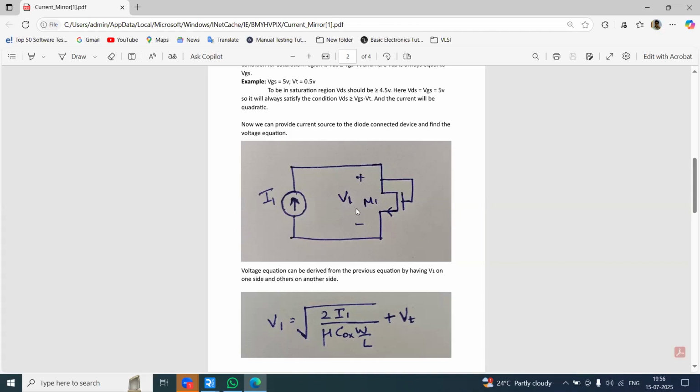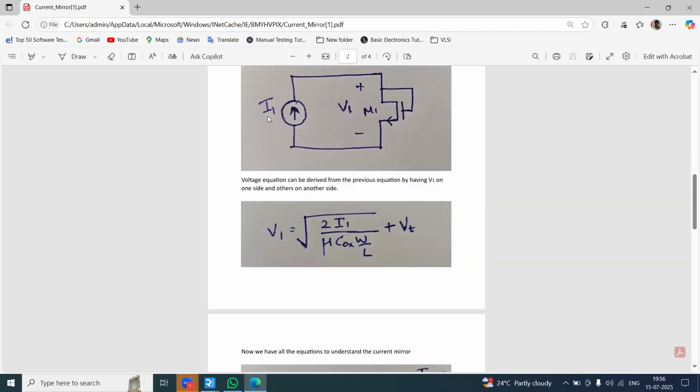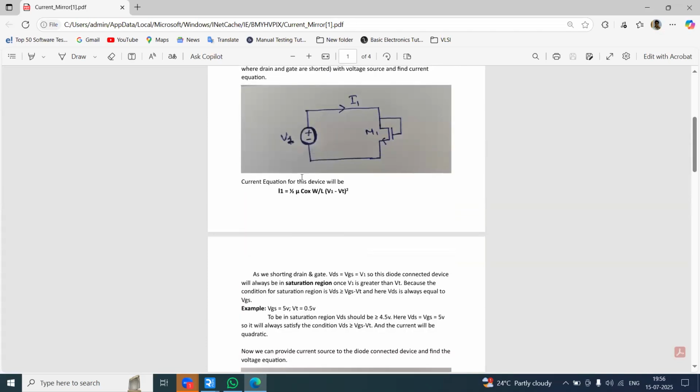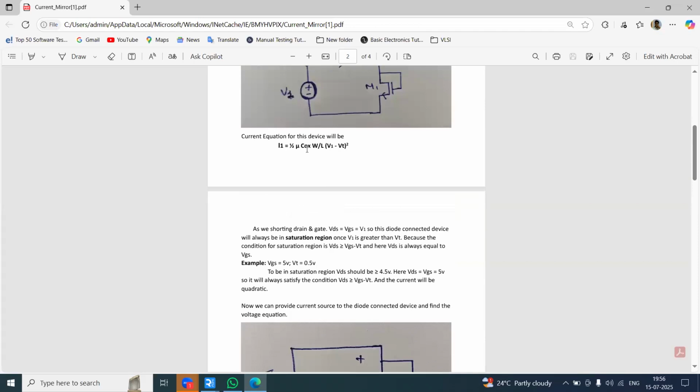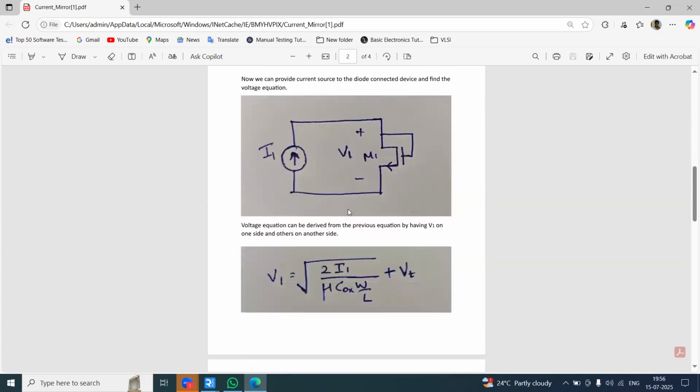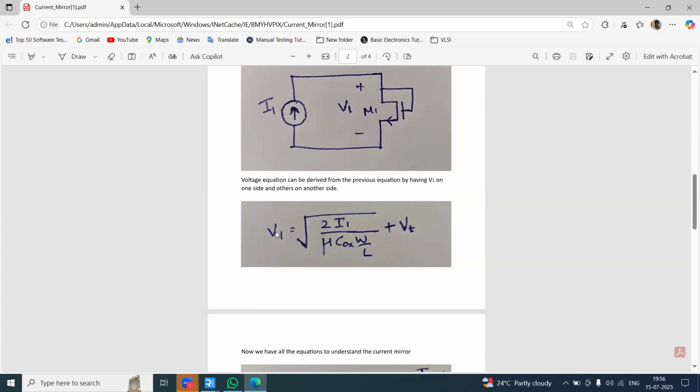M1 is a device which is operating with a voltage of V1. So in order to get the V1 voltage, what was the current equation? From the current equation, we are calculating V1 here. I1 is equal to half mu n Cox W by L, and we reverse the same thing to get the value of V1.